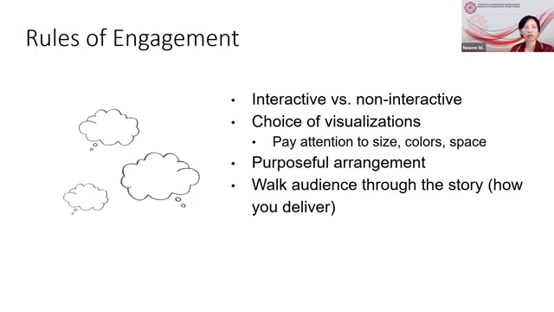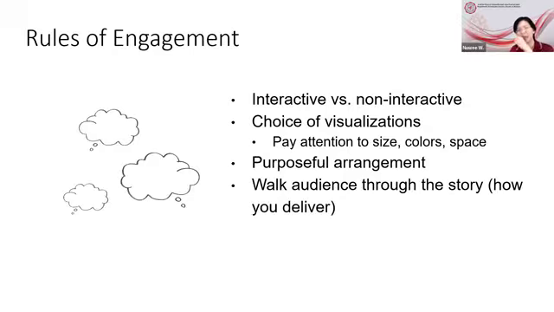Next is the choice of visualization. You must pay attention to the size, the colors, or the space that you have, and then you need to use color strategically to draw the eye of the audience. It must also be consistent throughout your presentation. Right? So everything needs to have an arrangement.